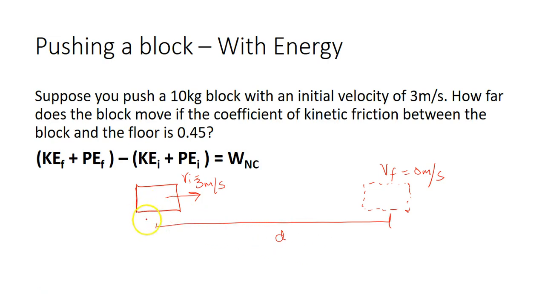So, as always, let's analyze the system. I'll call this the initial, as you know. This is where I call my initial point and my final. So let's think about the initial conditions. So far we just have initial velocities, and notice that we actually have no height, really.